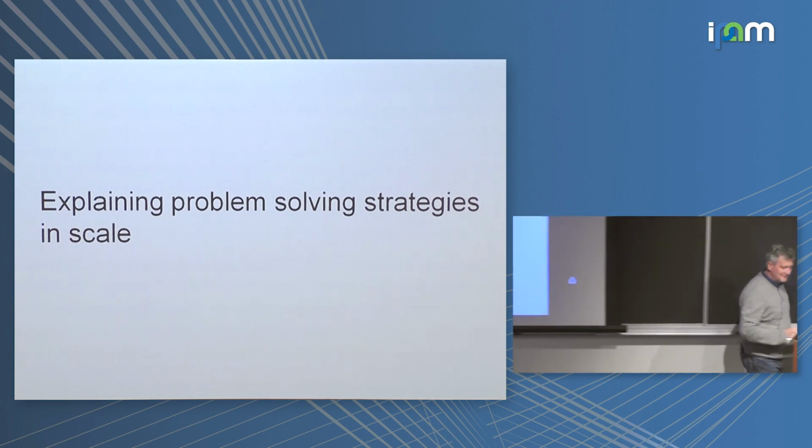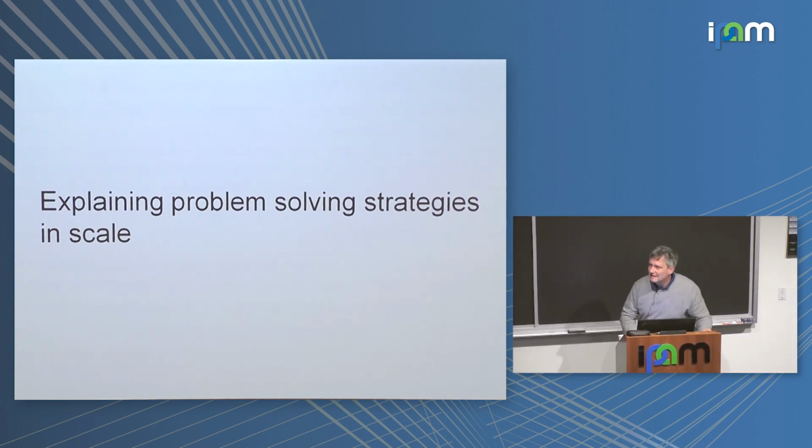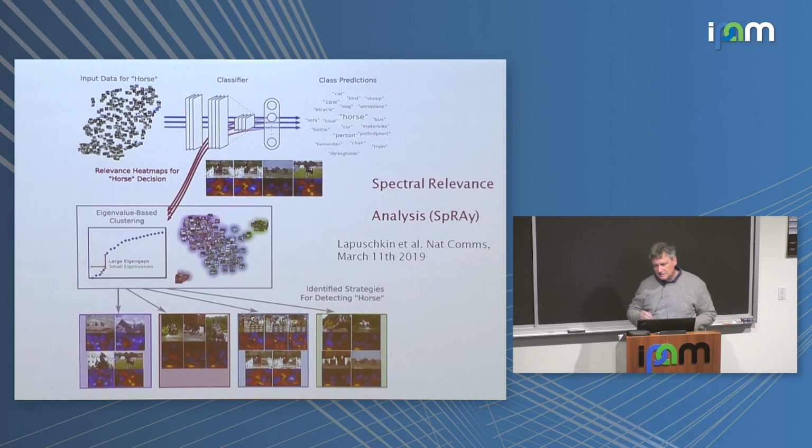Therefore we thought, I think it's really not the issue of AlexNet, and we have to bring this to scale. And there's a very simple strategy that we suggested that was also published in this paper here. So the idea would be, again, you have your model, and you put in your data, you classify it.